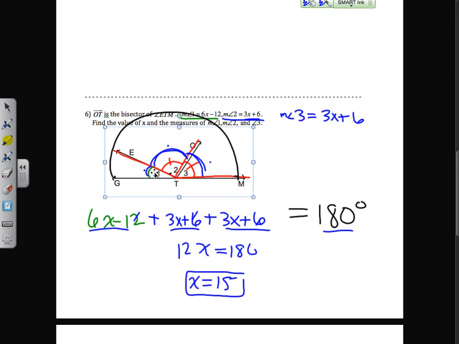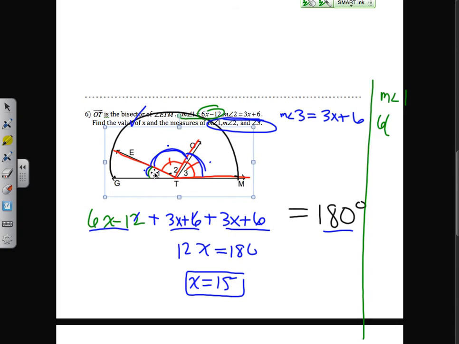Cool. So I found x. That's one of the goals done. But now I need the measures of all the angles. All right, so if I want the measure of, maybe I'll go along this side here. The measure of angle 1, usually represented as 6x minus 12, right? 6x minus 12.